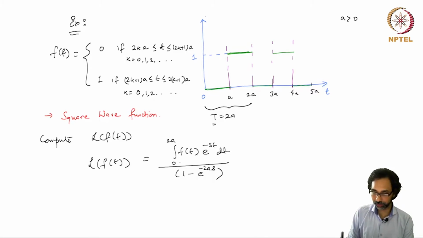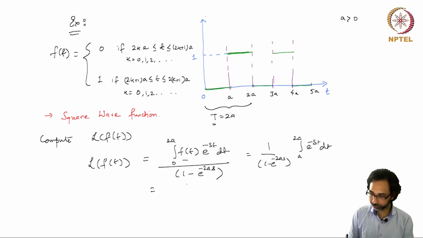Now note that from 0 to a, f(t) is 0, so this is nothing but 1 over 1 minus e^(-2as), and the integral is from a to 2a of e^(-st) dt, because in this region f(t) is equal to 1.